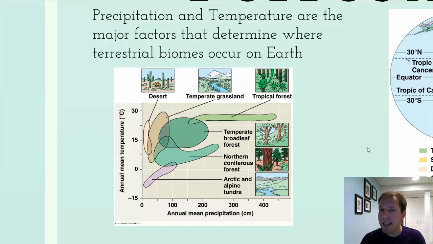The amount of precipitation present in an area obviously influences the amount of photosynthesis that can occur. And the more producers you have within an ecosystem, then the more consumers and overall the greater the diversity of life will be. Now, temperature, because temperature impacts metabolism and also impacts photosynthetic rates, the higher the temperature, the more life that will be supported in that area.